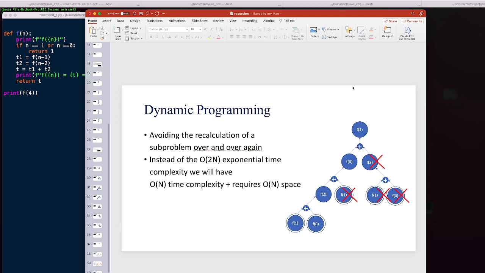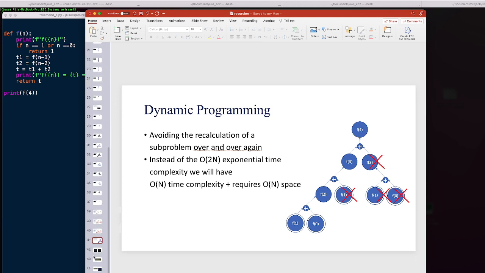Well, it's 5, but in time complexity it doesn't matter. 4 and 5 have the same time complexity. But it comes with a catch: we need to store those Fibonacci values that we calculate. It means we need to save the calculations we already did and use them somewhere else. So that is the power of dynamic programming.